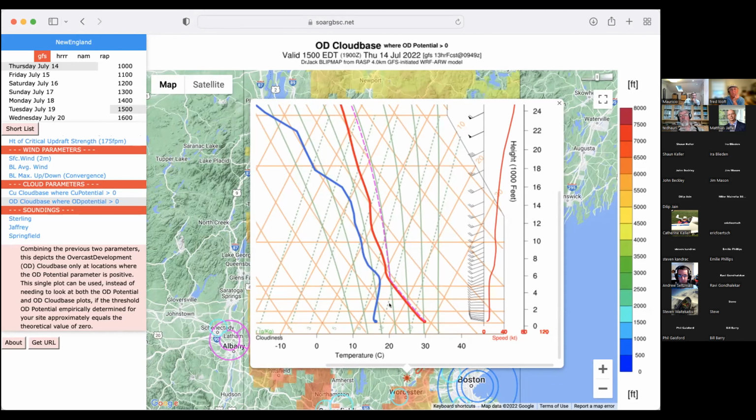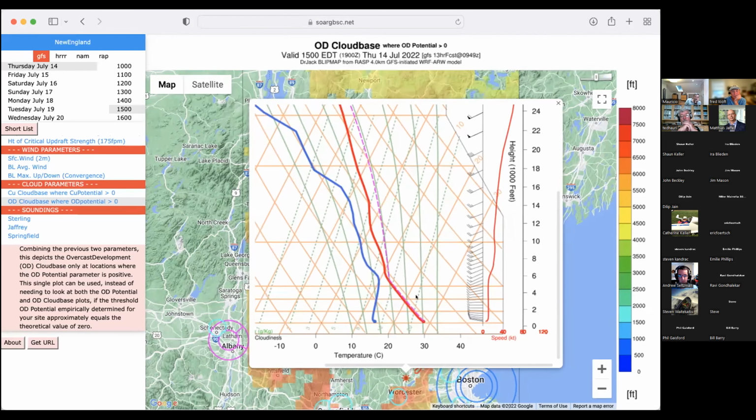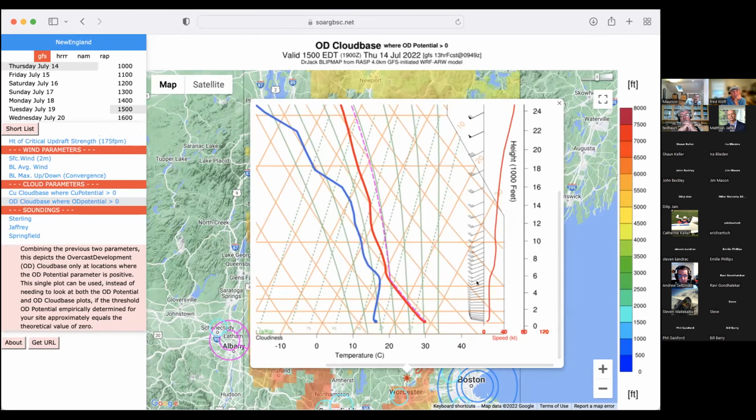So, yeah, I sort of like these things because it shows you what the mixing layer is. This is sort of how high it's going to be before the thermals are going to go. Yep. This shows nicely that we ought to have thermals up to about 5,000 feet. That's what this skew-T log-P shows me.